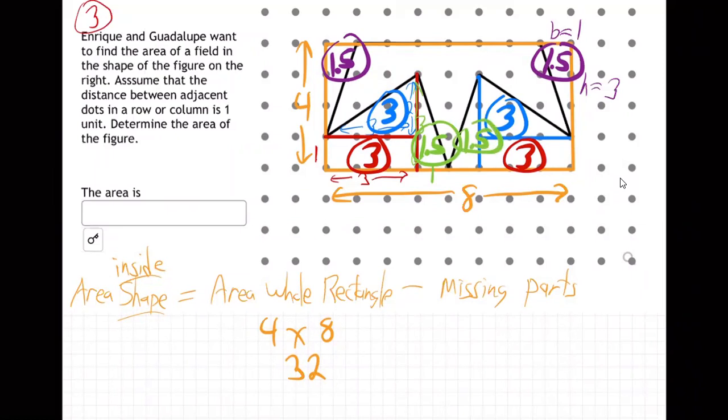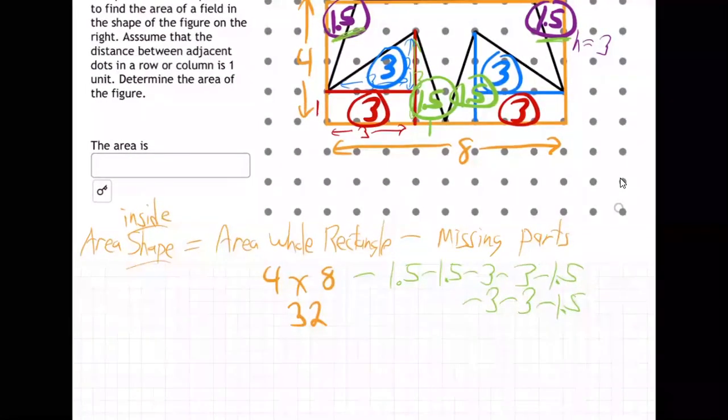All right, we've got all the missing parts. Now we can subtract, and you have to make sure you don't miss any. You have 1.5 and 1.5 for those 2 at the top, and then the 3, 3, 1.5, and 3, 3, 1.5 again.